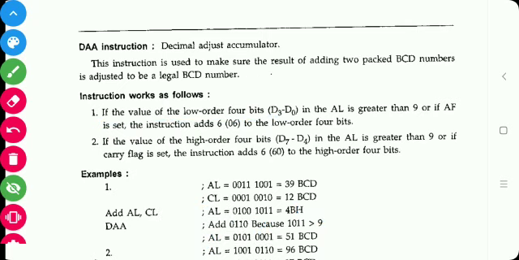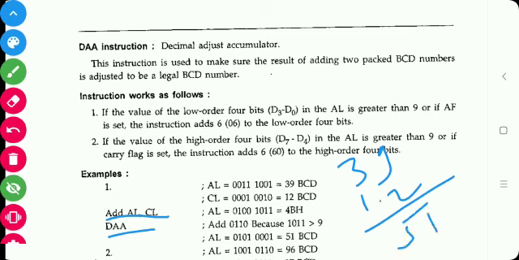The example given is ADD AL, CL followed by DAA. For example, AL contains 39 BCD and CL contains 12 BCD. So 39 plus 12: 9 plus 2 is 11, 3 plus 1 is 4 plus 1 carry, so the answer should be 51.